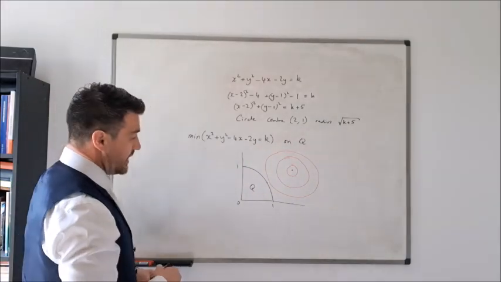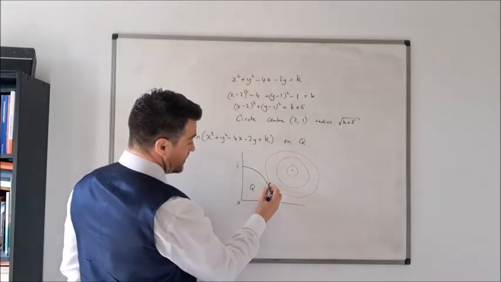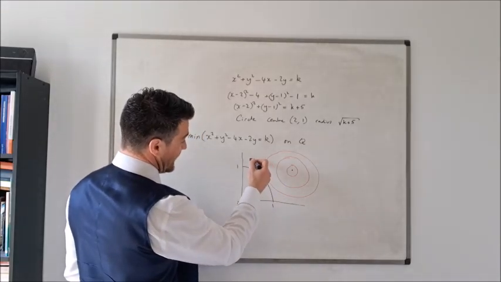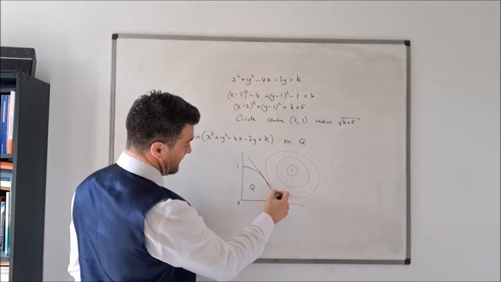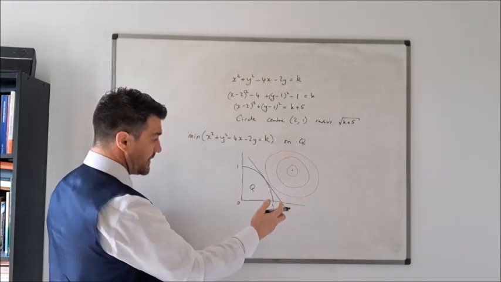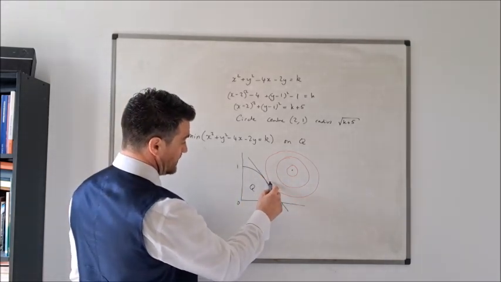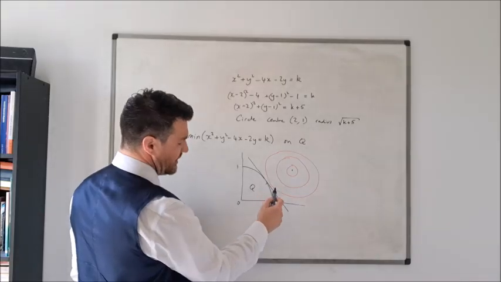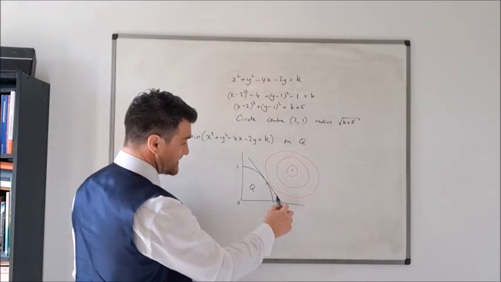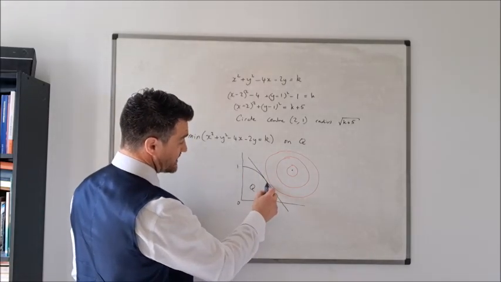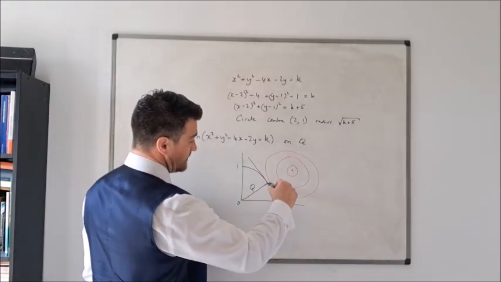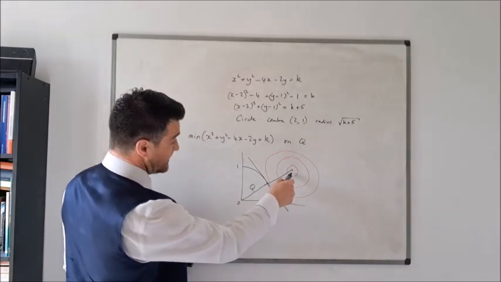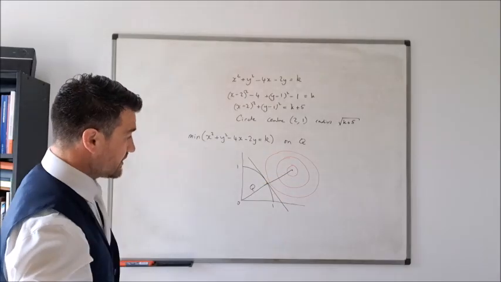Well, if I think about a tangent at that point, and draw the perpendicular to this tangent line through this point, then that line will pass through the origin, and it will also pass through the center of this circle here.